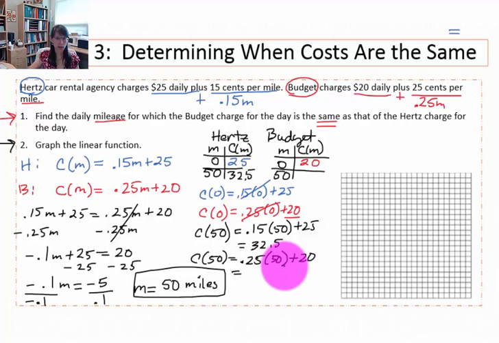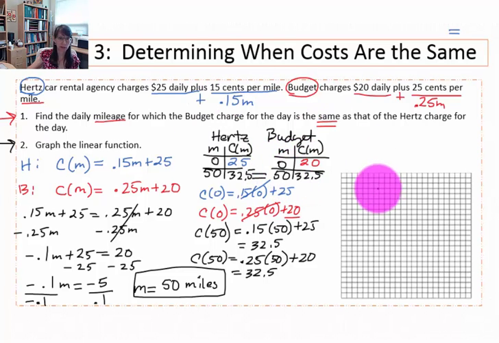So 0.25 times 50 gives us 12.5 added to 20, and we still have 32.5. So algebraically, we just proved that these two functions have the same input and output values. So when we graph these lines, they really should intersect at this common point.